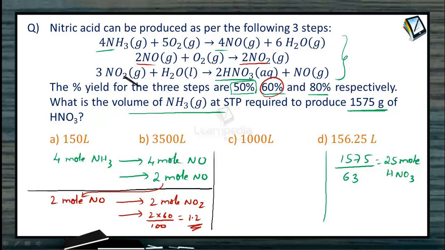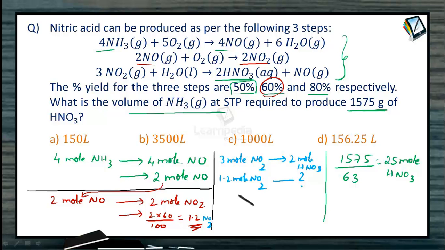Now the third one, 3 mole of nitrogen dioxide is required in order to give 2 moles of nitric acid. But in this step we got only 1.2 mole of nitrogen dioxide. So when 1.2 mole of nitrogen dioxide is involved, first calculate how many moles of nitric acid will be formed.